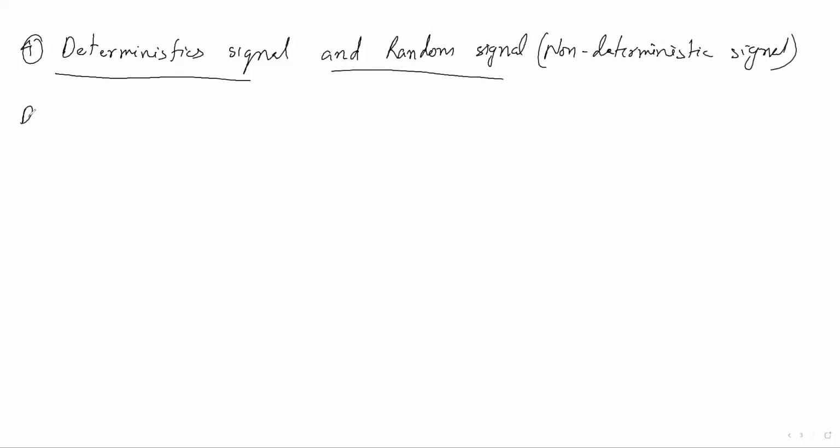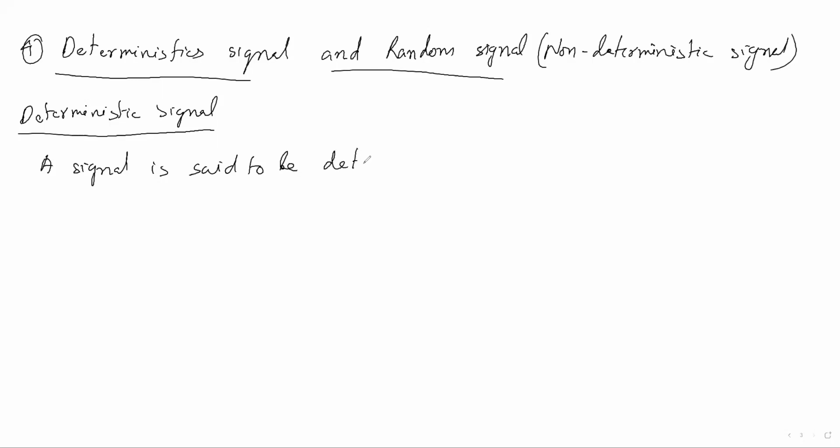So what is a deterministic signal? You can write like this: a signal is said to be deterministic. Deterministic means we can determine.